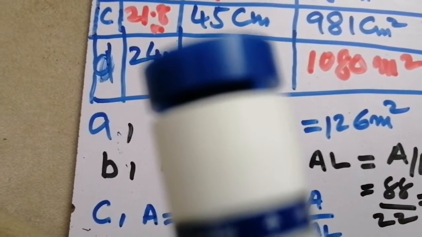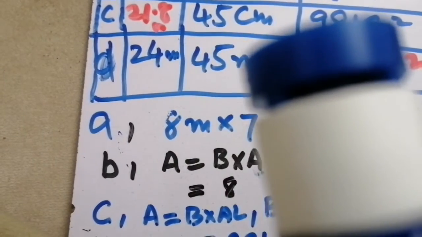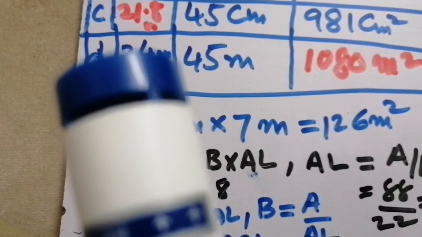In part C, the altitude is given, the area is given, and we have to find the base.